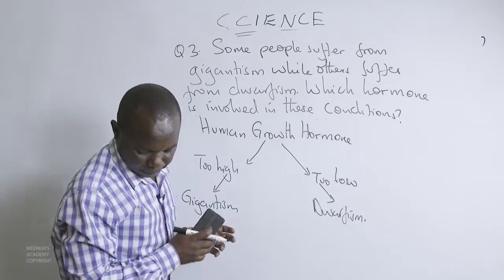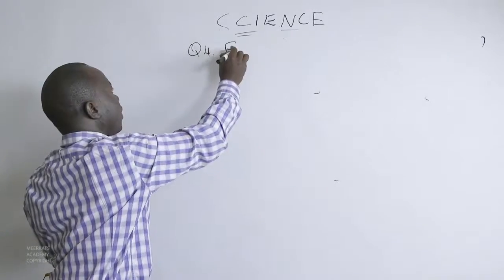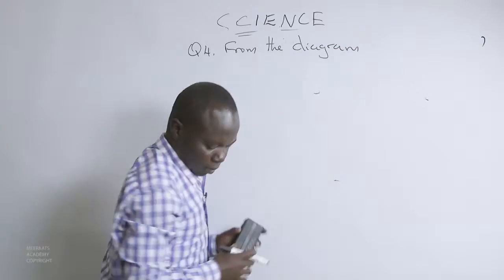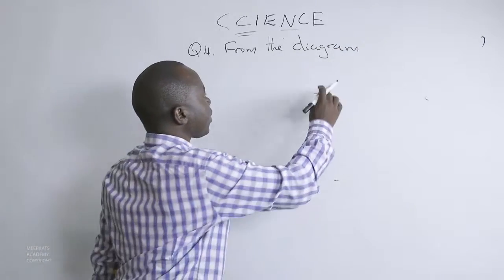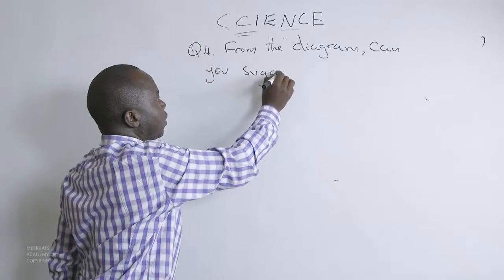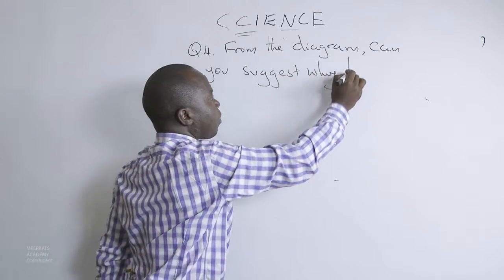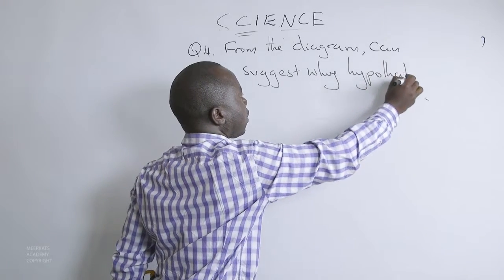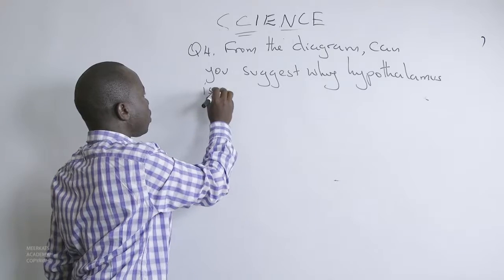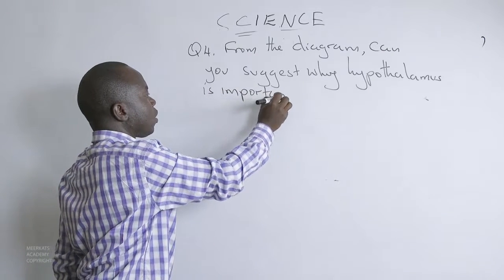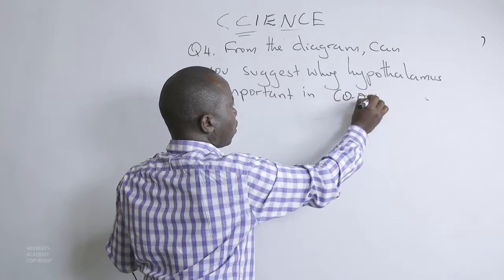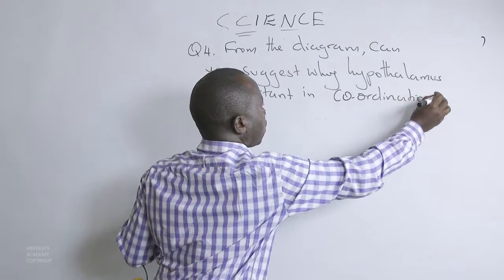Question number 4. From the diagram, can you suggest why hypothalamus is important in coordination of the body?